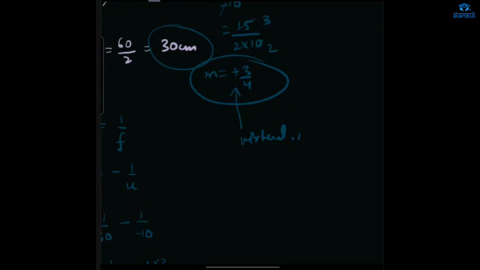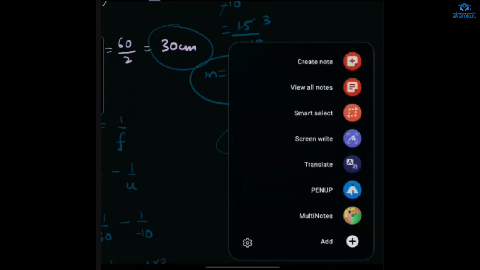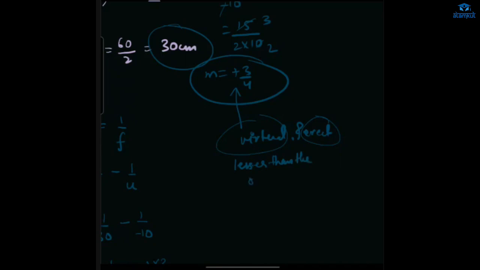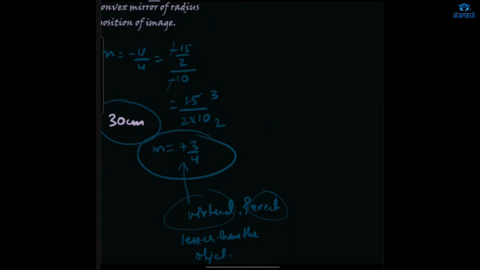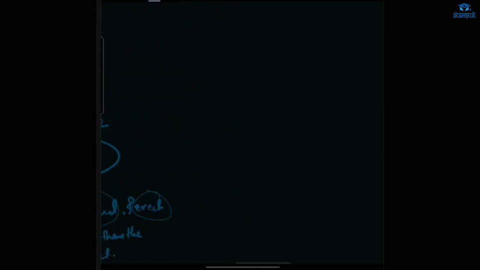Virtual and erect, and if it is erect, then it will be virtual. So erect and virtual, and the size will be lesser than the object. So I have just extended this question by calculating magnification.